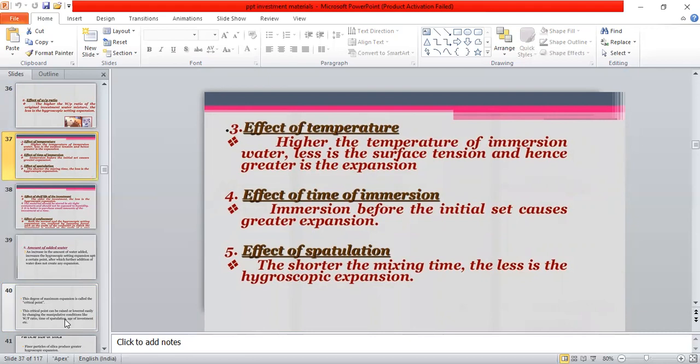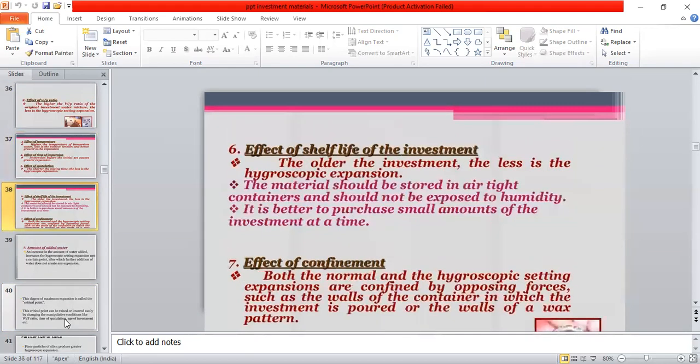Then the effect of time: immersion before the initial set causes greater expansion. Then the effect of spatulation: the shorter the mixing time, the less is the hygroscopic setting expansion. These are the factors which determine the hygroscopic setting expansion.